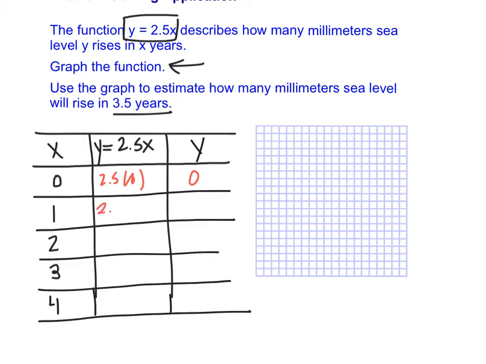Plug in a 1, so 2.5 times 1 is just going to give us 2.5. 2.5 times 2 is going to give us 5. 2.5 times 3 is going to give us 7.5. And then 2.5 times 4 will give us 10.